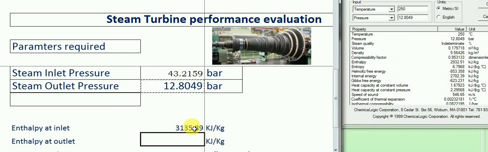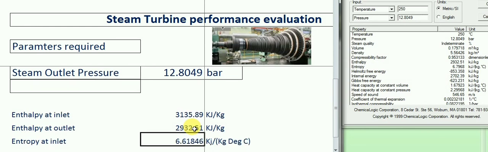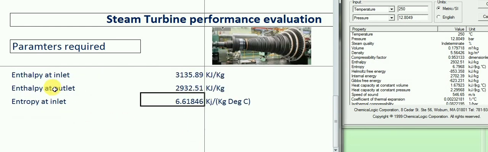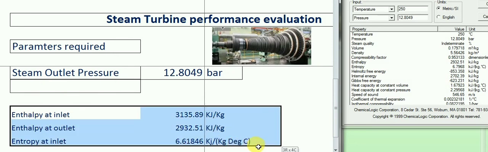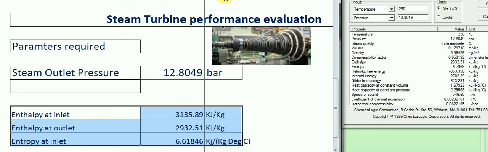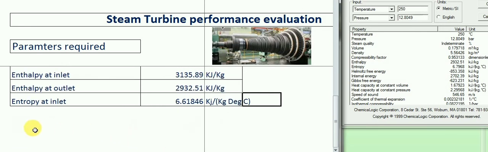Then we want to calculate the isentropic enthalpy.